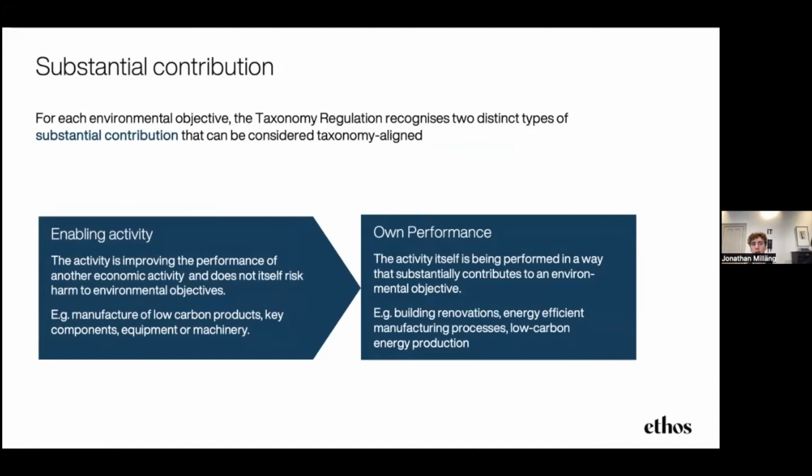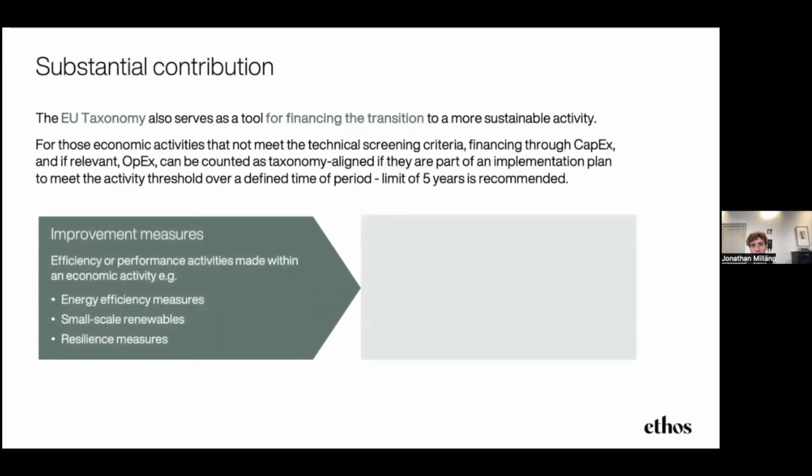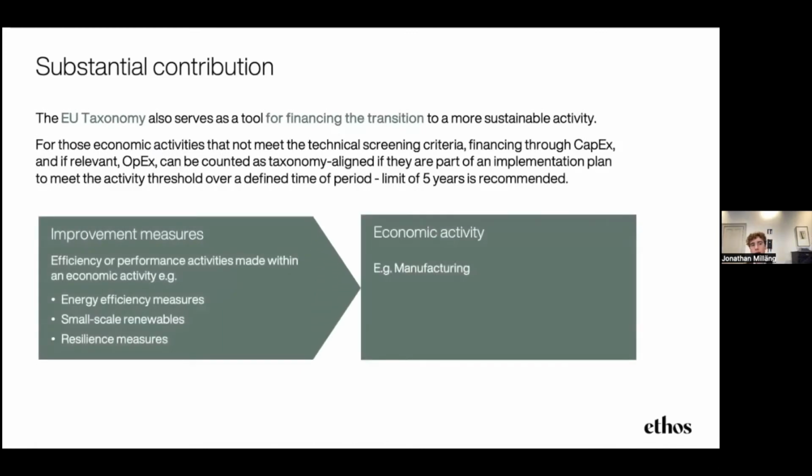So you can be an activity that is improving the performance of another economic activity, for example providing batteries to electric vehicles, or you could be an activity that is aligned based on your own performance, so basically the electric vehicle. Activities that are contributing to this transition, but are not in themselves contributing to lower emissions, are also included in the EU Taxonomy. You can also align investments or capex allocations with the EU Taxonomy.